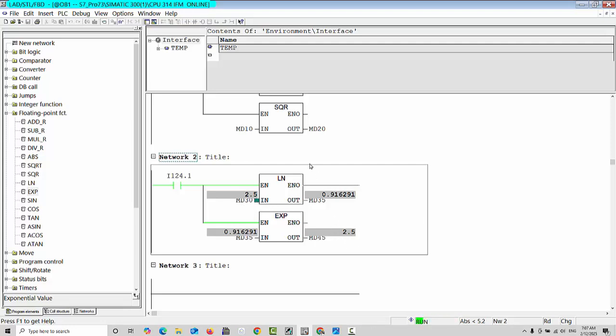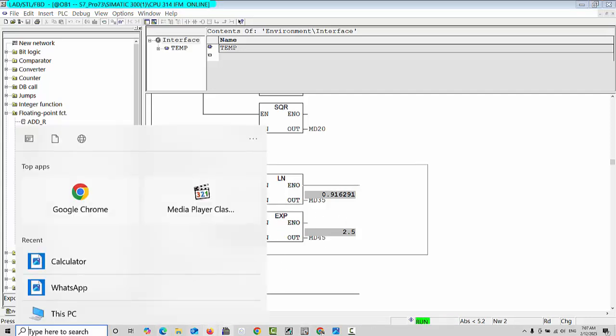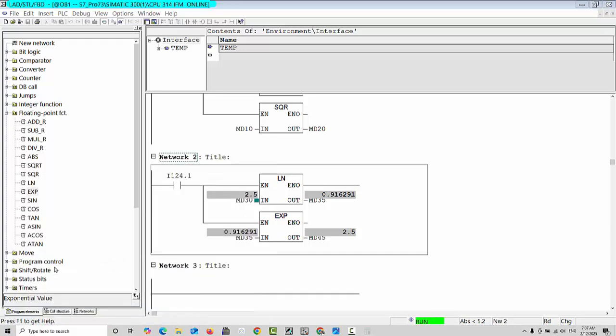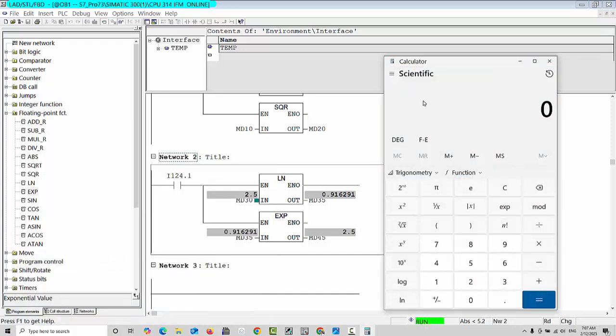One more example: if you would like to verify this, just go to the calculator, and here we can find the logarithm value. For example, we write this value 2.5. The log of 2.5 is how much? 0.916290, the same value.